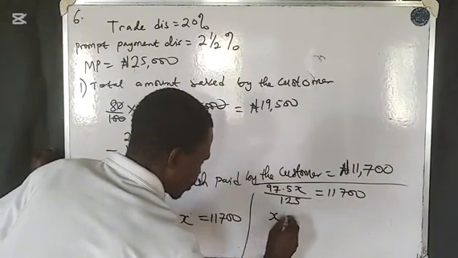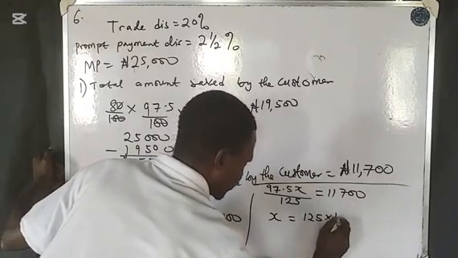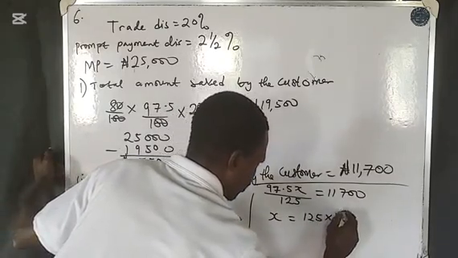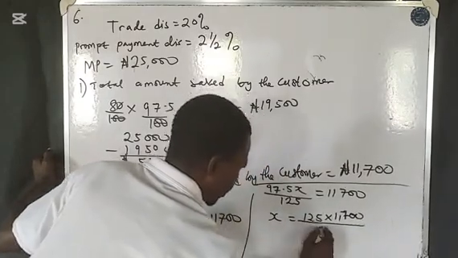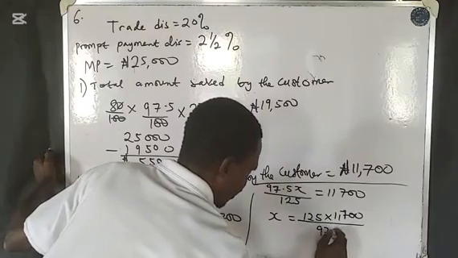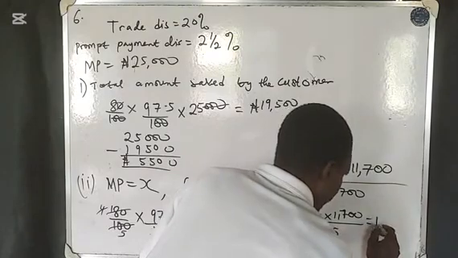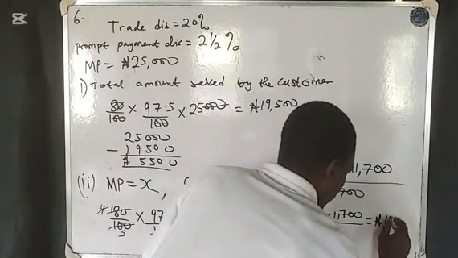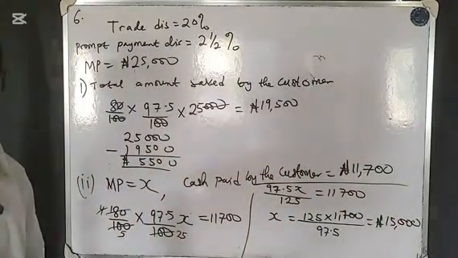So it will give us this 125 times 11,700. We are dividing both sides by 97.5. So that will give us the value of S, which is 15,000. That is what we are told to find. So we are okay right now with this question.